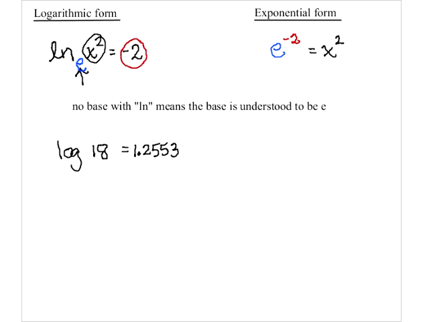Okay, so once again, this one has no base, but it's spelled log, so that's understood to be base 10. So when I write it in exponential form, that's going to be base 10. 10 is the base, and what the log equals is always the exponent. So that's 1.2553, and that is going to equal our third value, which is 18.